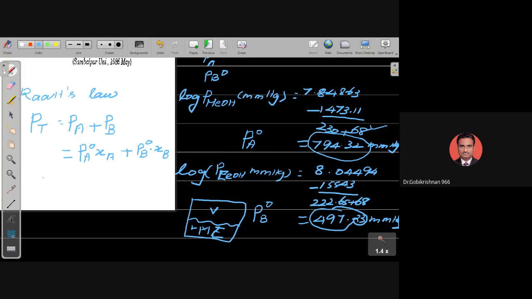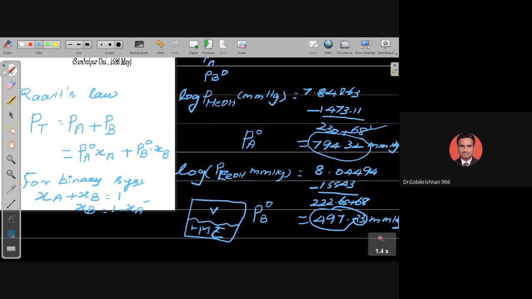Therefore, for the binary system I can write XA plus XB equal to 1, or XB equal to 1 minus XA.